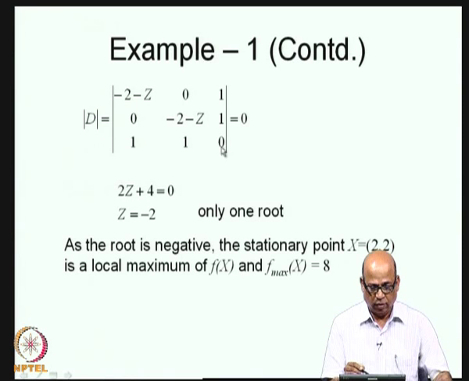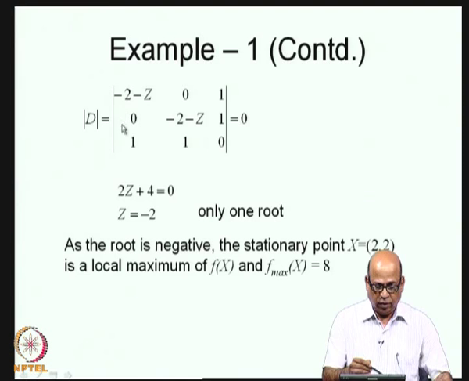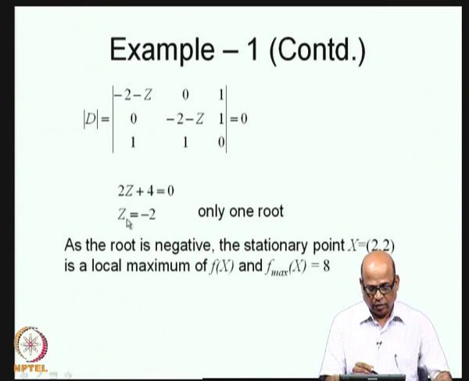So, this is the last m by m terms, which is 1 by 1 term here, which is 0. So, when we get the determinant and equate it to 0, you get 2 z plus 4 is equal to 0. You know how to get the determinant, and therefore, you get a solution z is equal to minus 2 here.